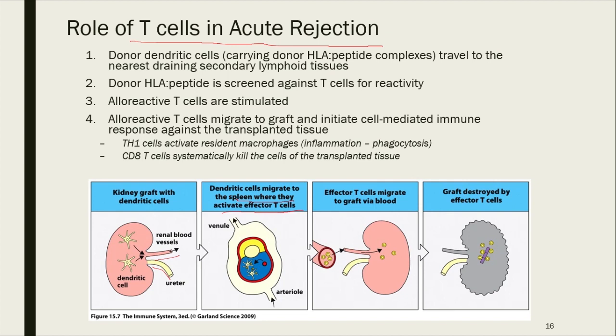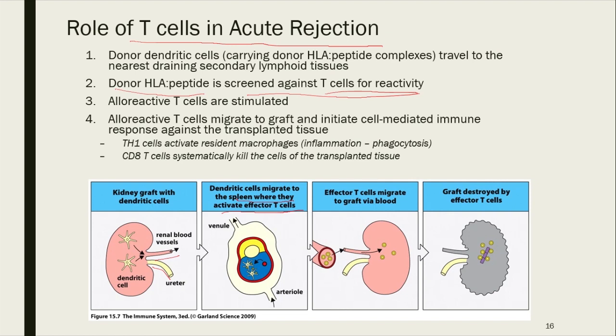It is in the spleen where the recipient T cells start seeing that there is something different. The donor HLA peptide is screened against the T cells, and reactivity is generated.